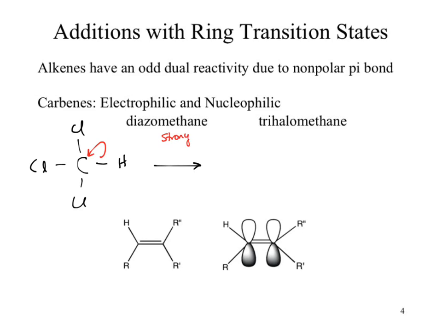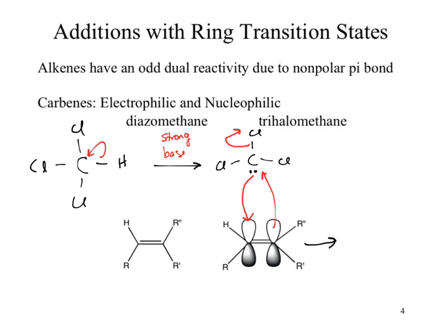A strong base. So if we now add a strong base into our system, that carbon can take the electrons ultimately away. We form the lone pair. What will end up happening is our alkene can come in and attack the carbon. We've got the chlorine as a leaving group. The lone pair on the carbon can come back in.